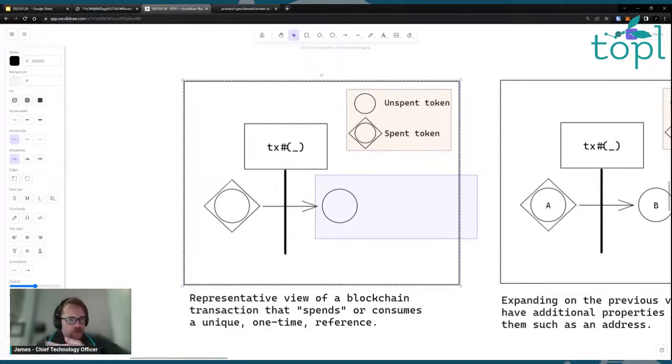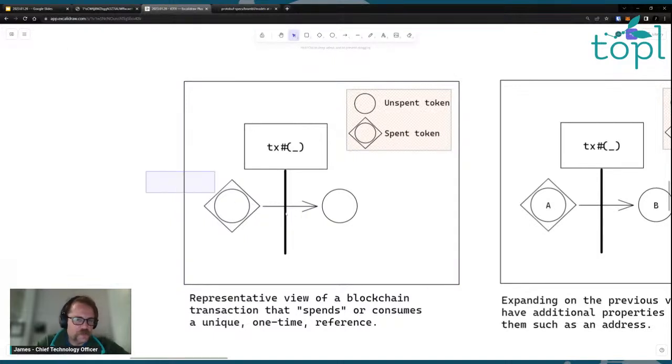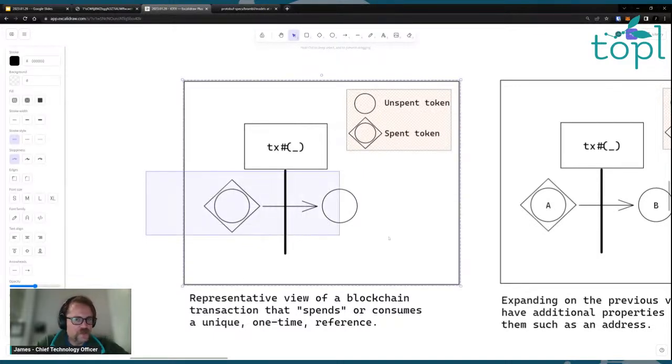They're the children of a transaction, the children outputs, the unspent outputs from a transaction. But on the left, the consumed reference, the spent output, points to the child. So spent on the left, unspent on the right, and this is a generic transaction.